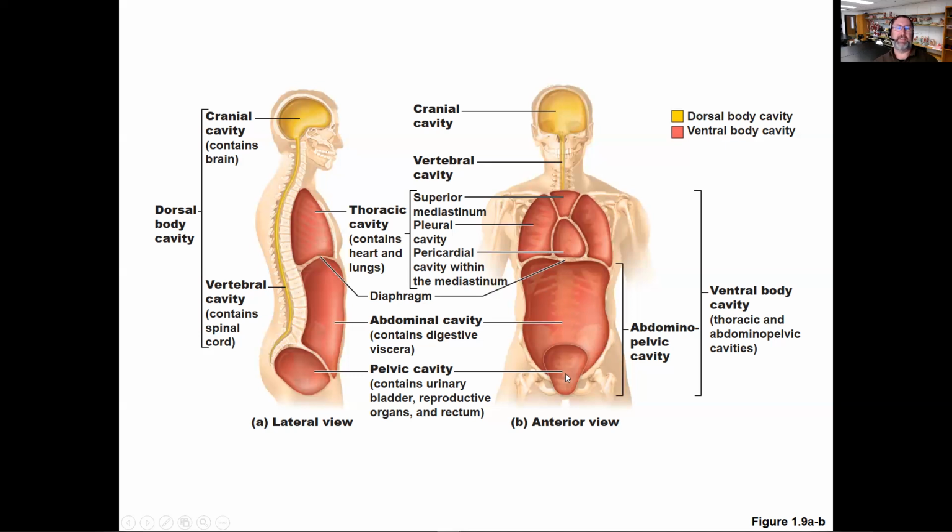And then the pelvic cavity also houses a number of urinary, reproductive organs, as well as the rectum. So body cavities that contain certain organs help us keep the body from massive movement of infection, and also help us to create separations between key organs that need to be separated.